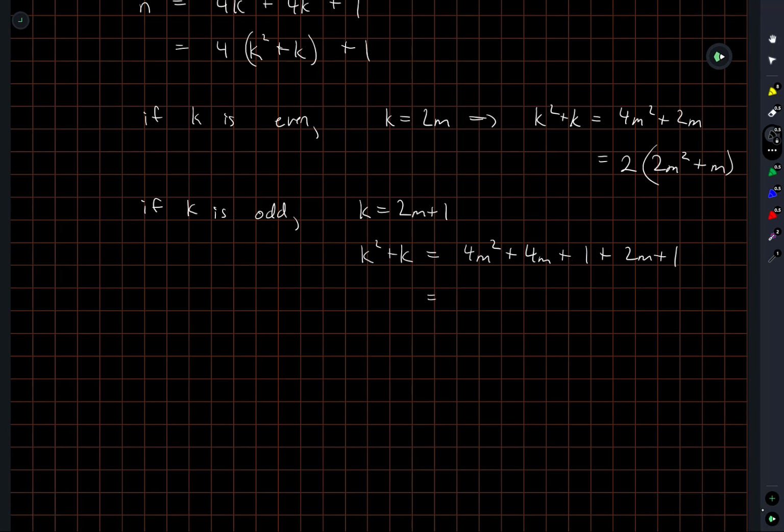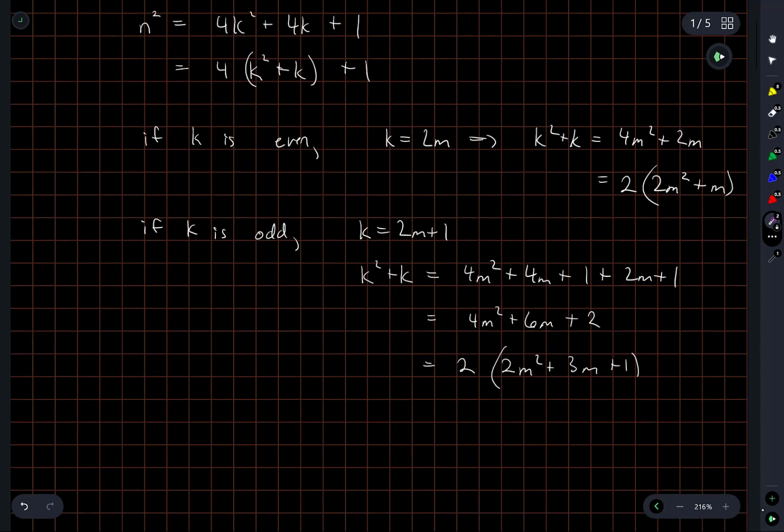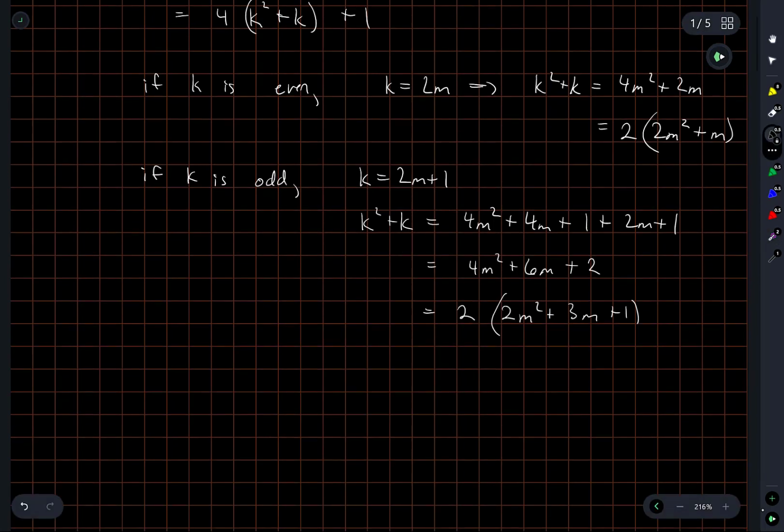And this is equal to 4m squared plus 6m plus 2, which is 2 times (2m squared plus 3m plus 1). And there's my factor of 2. Okay, so regardless of whether k is even or odd, this thing k squared plus k is a multiple of 2.